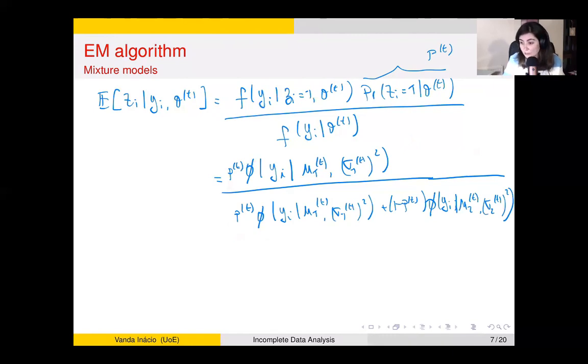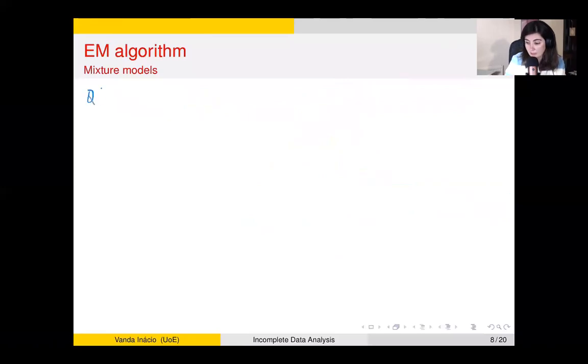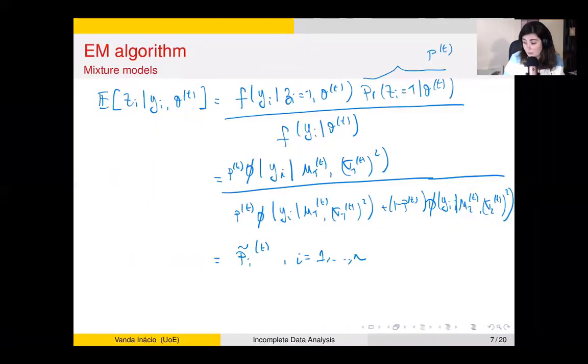And because this is kind of a long one, I will say that I will have one of these for each i, okay? And now I can finally write my Q function as this, and this is a value, right? Once I have the estimates at iteration t, this will be a value, be it what it is, okay?